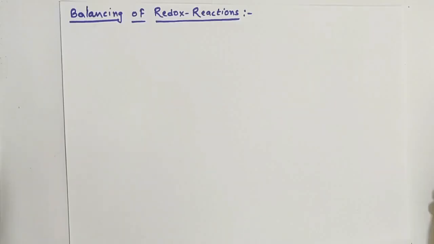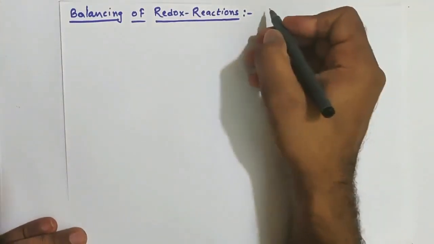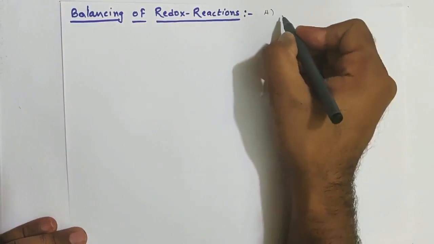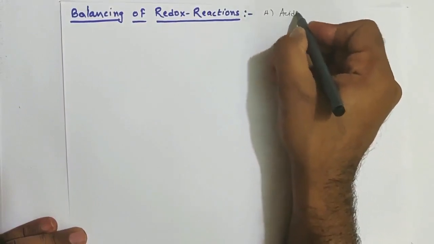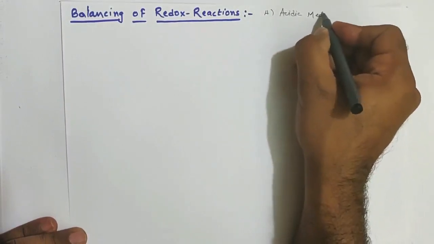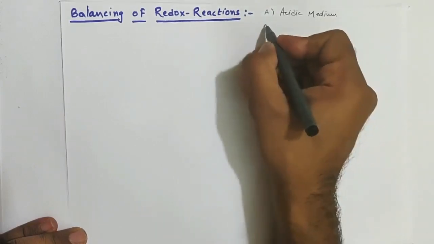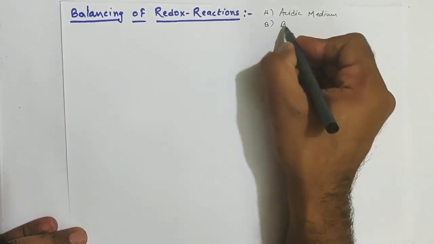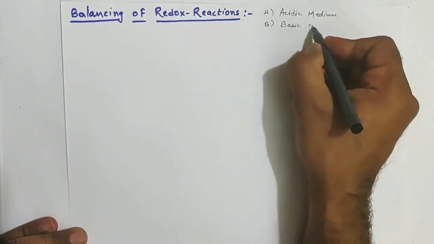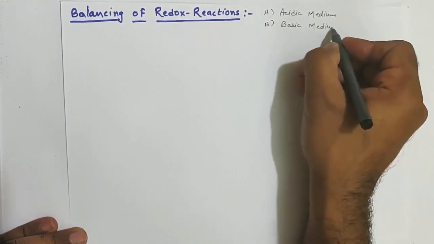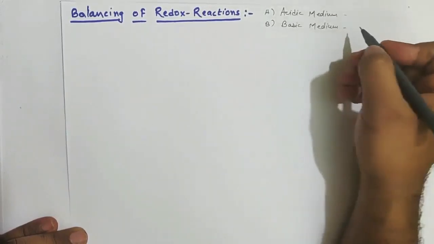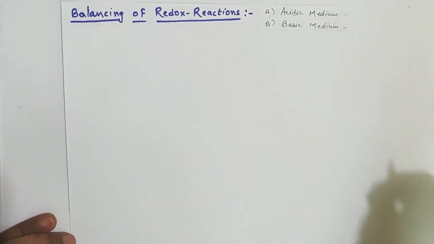So students, next we are discussing balancing of redox reaction. The balancing of redox reaction can be performed in two different media. The first one is known as acidic medium, and the second one is basic medium or the alkaline medium. We will discuss both of them separately.